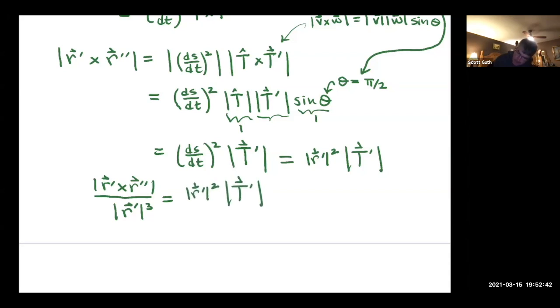Over the magnitude of r prime to the third. And of course, that's just the magnitude of T prime over the magnitude of r prime. And what's that?